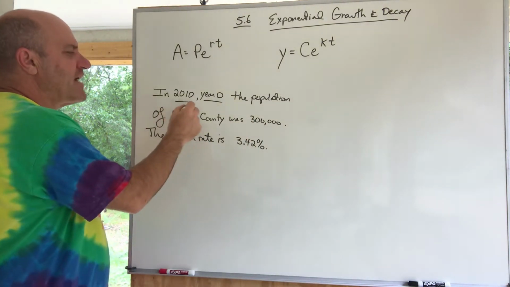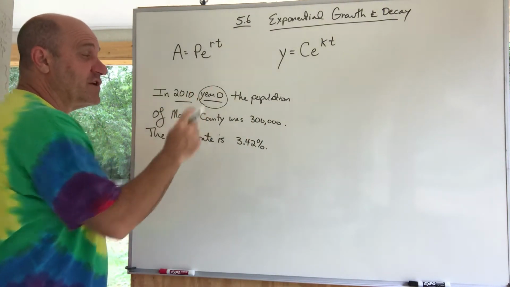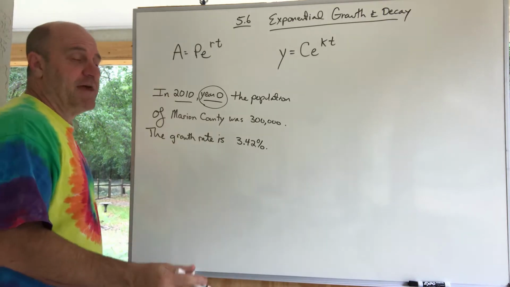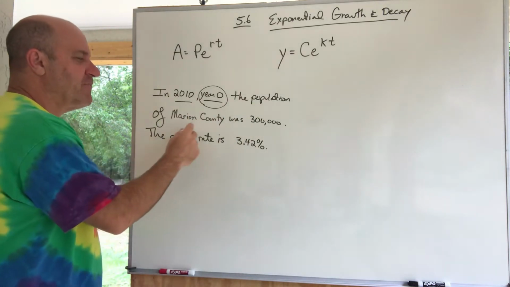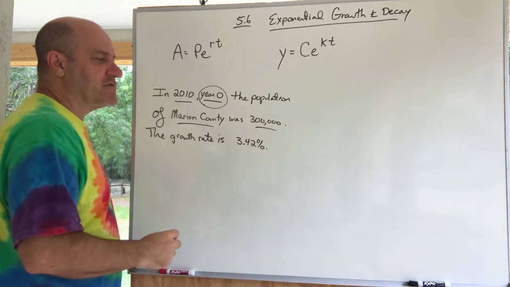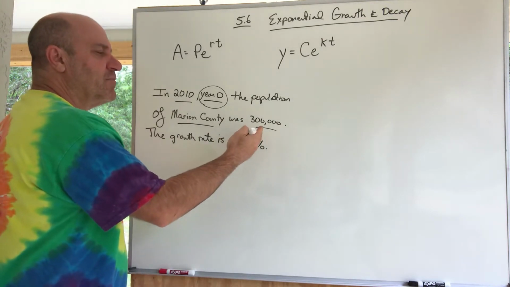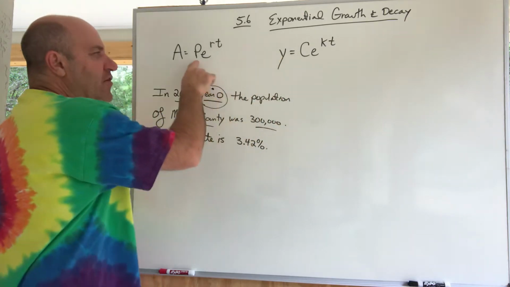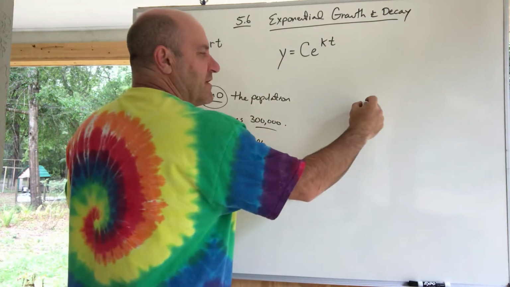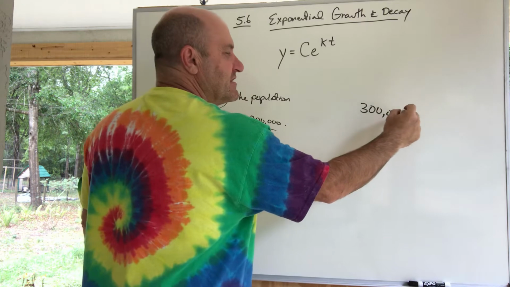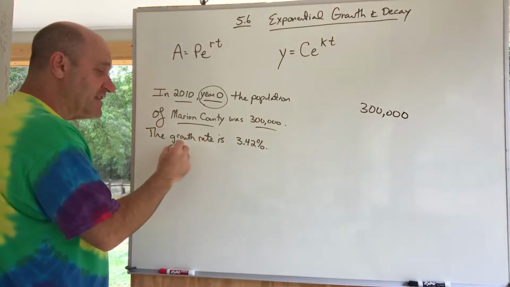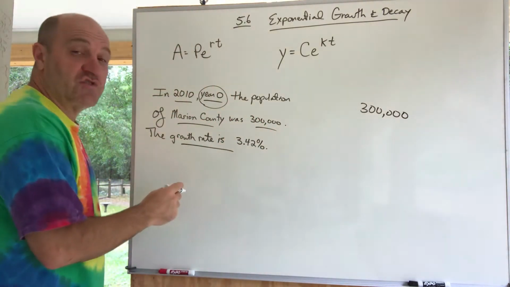In the year 2010, which we call year 0, we're going to start time then. In 2010, the population of Marion County is 300,000. And I just made this up, by the way. So I'm telling you the original population, that's the starting amount. That's the C. So the 300,000 is the C. And I told you that it's got a growth rate, and I like to use the word continuous.